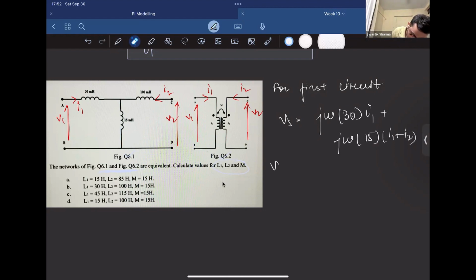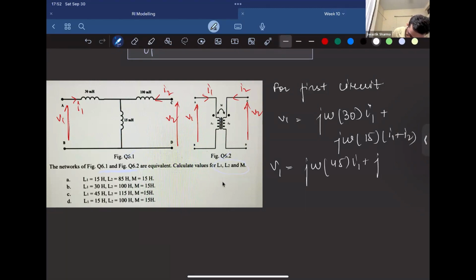That means it's nothing but j omega 45 I1 plus j omega 15 I2. Similarly, V2 for the first circuit can be written as j omega 115 I2 plus j omega 15 I1.